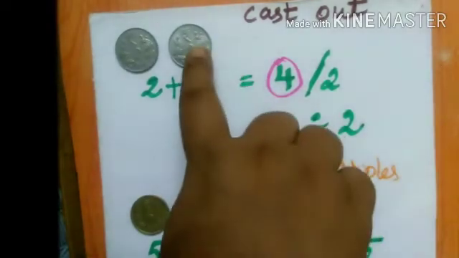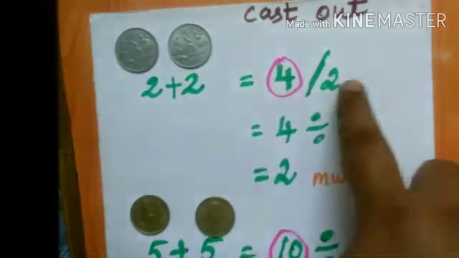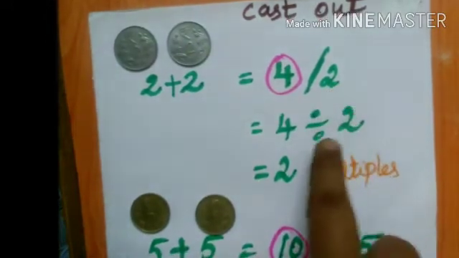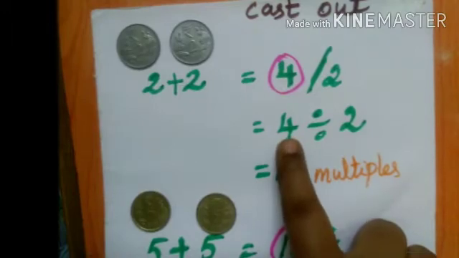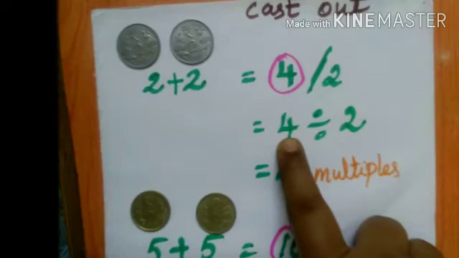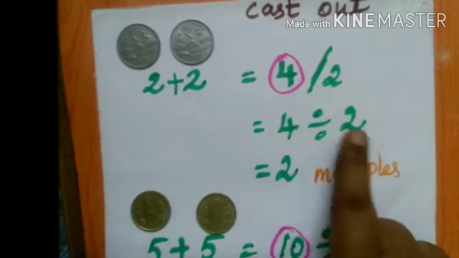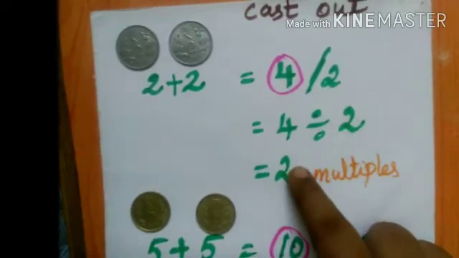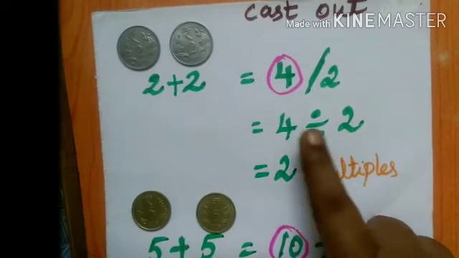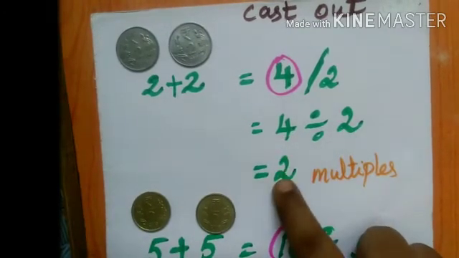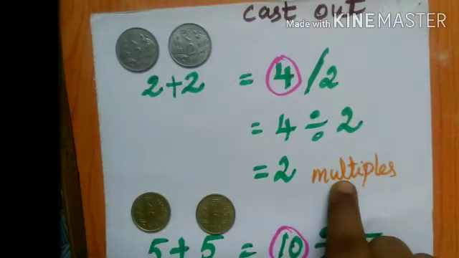You do the division by 2, divided by 2, and see how many times you get the 4. 2 twos are 4. So how many times does 2 come in 4? 2 times. So this is a multiple.